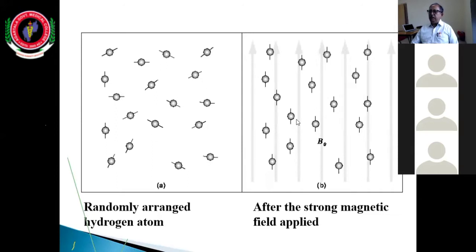In the human body, there is hydrogen. Hydrogen atoms are arranged randomly in the human body. When the body is placed within a strong magnetic field, the hydrogen atoms are aligned along the magnetic field of the strong magnet.